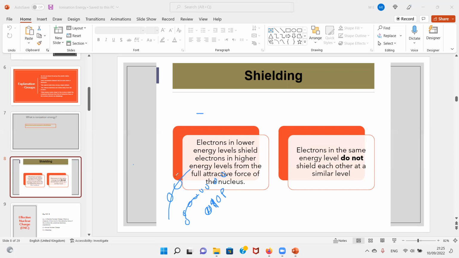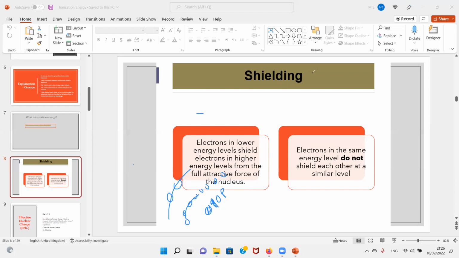So these two electrons at the back will not feel the positive charge as these electrons do. Therefore, this will affect the ionization energy, because they will not be as attracted to the nucleus as these 8 electrons. Is that clear?